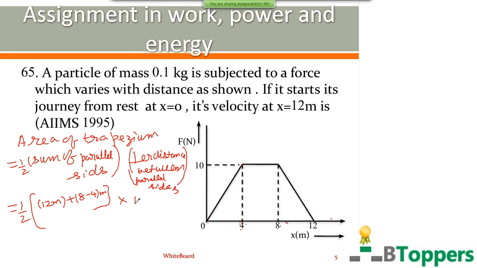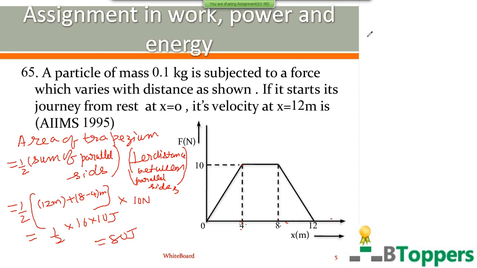You can take 10 Newton. So this you can try to simplify further. So that will be 80 joules. So the area under the graph and displacement axis gives you the work done.